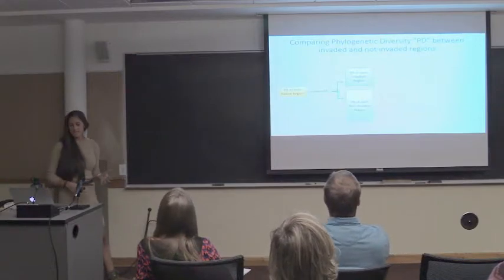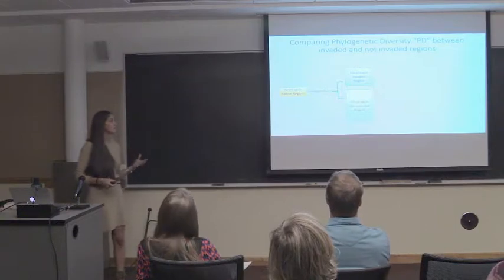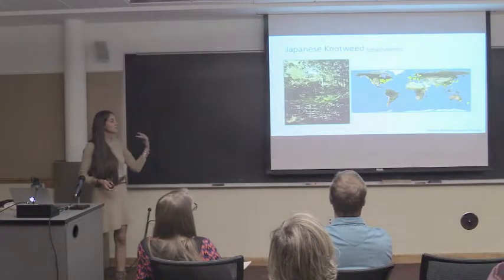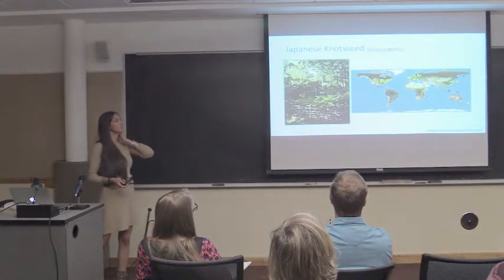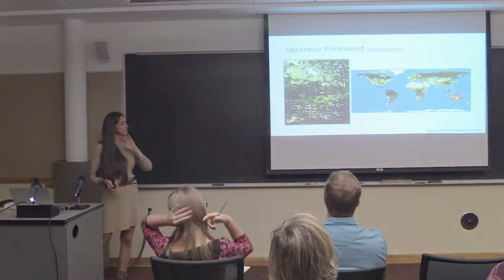So just to illustrate this, we can take the PD of the native region of an invasive plant and compare that to the PD of each invaded region and non-invasive region. And so to really explain this, I'm just going to use an example, Japanese knotweed, Polygonum cuspidatum. It's a really pervasive plant, especially in Vermont.